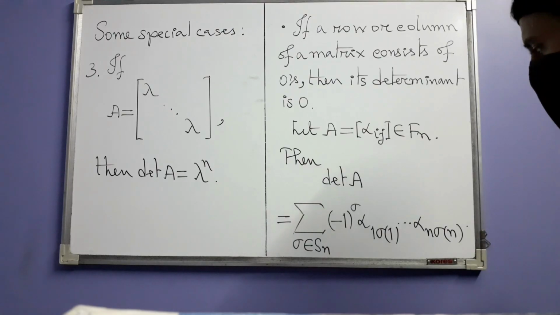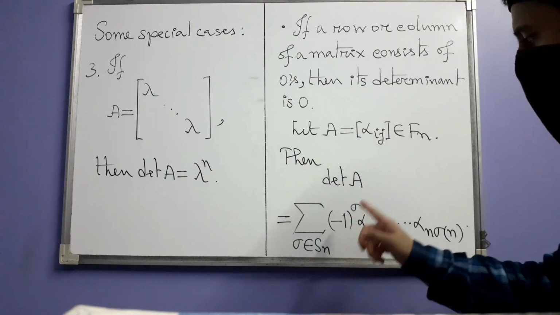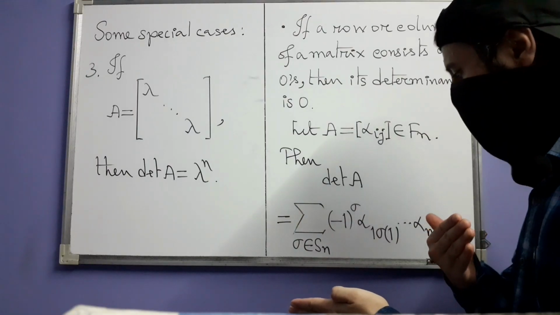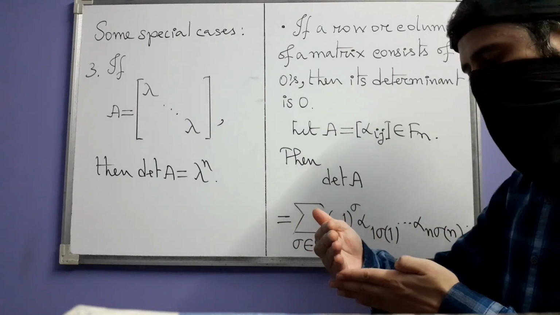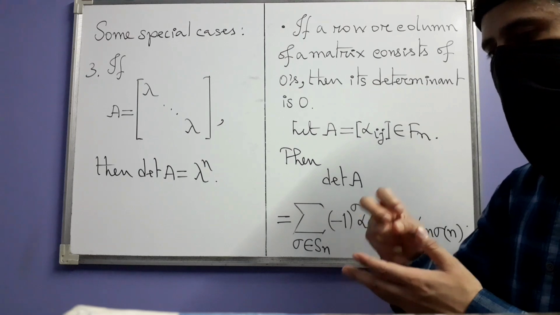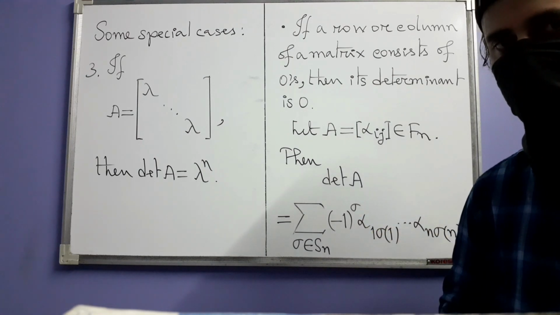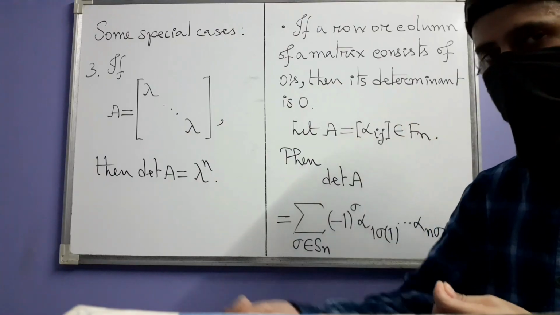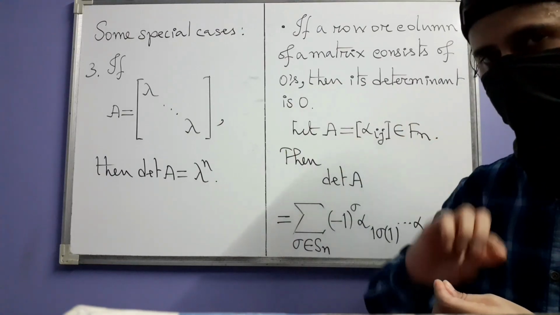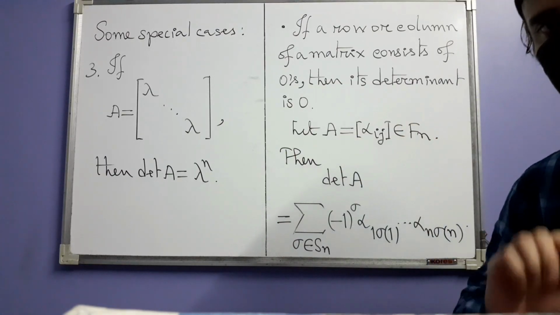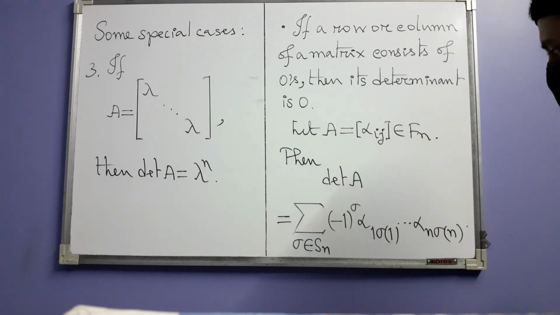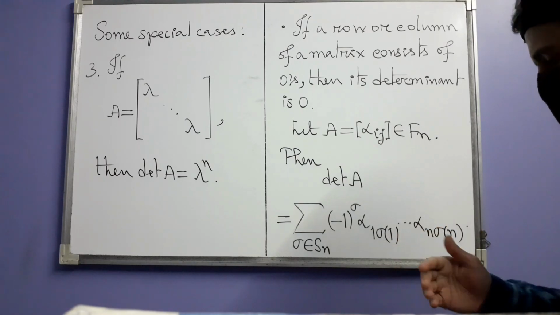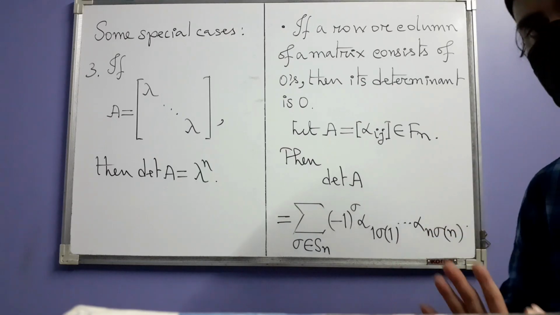Why? Because 1 is also one of the numbers from 1 to n, and sigma has these numbers as its outputs. So obviously the number 1 must have come from somewhere via the function sigma, because sigma is onto. We do not really know exactly where this 1 will appear as sigma of something, but it will appear somewhere.